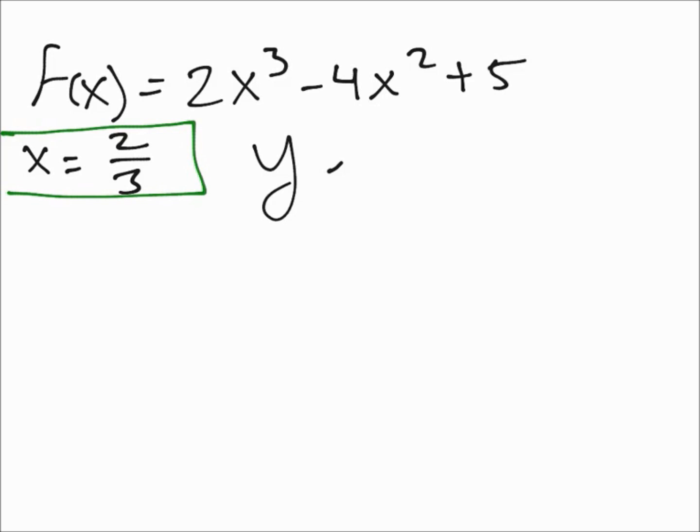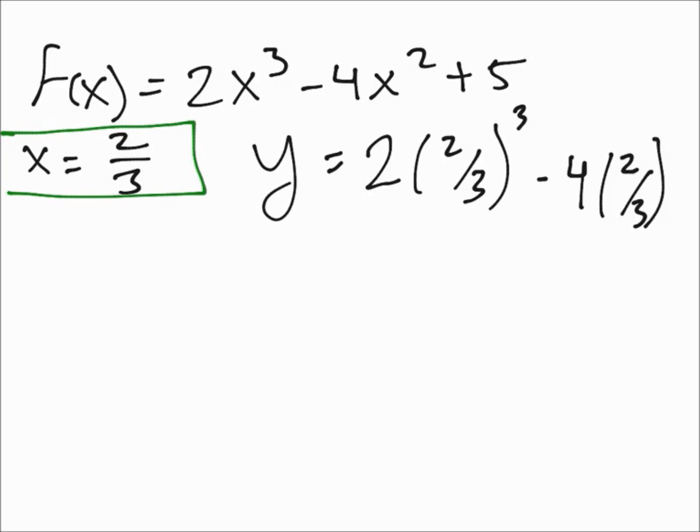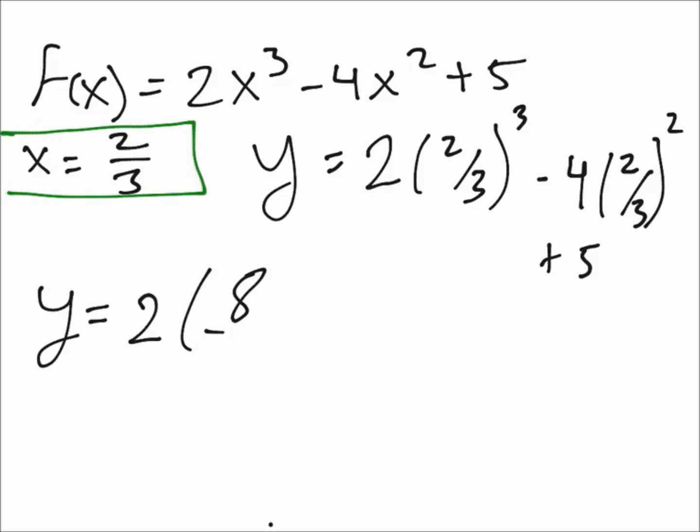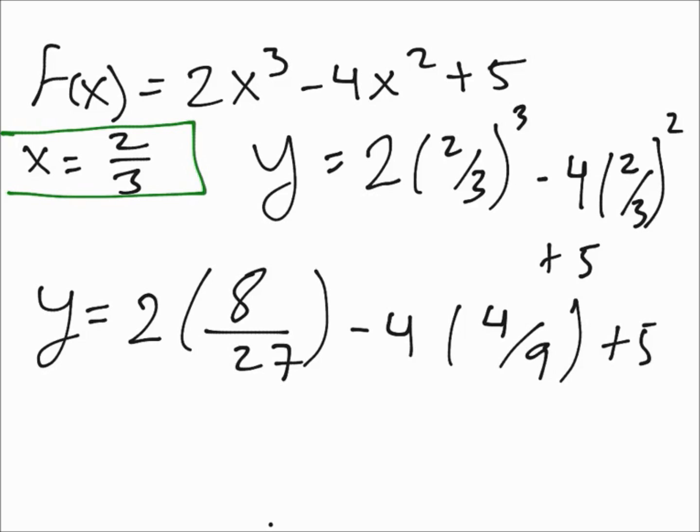y is equal to 2 times (2/3) cubed minus 4 times (2/3) squared plus 5. Then this will be 2 times 8 over 27 minus 4 times 4 over 9 plus 5.